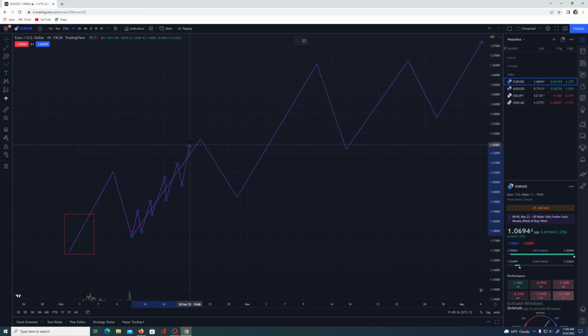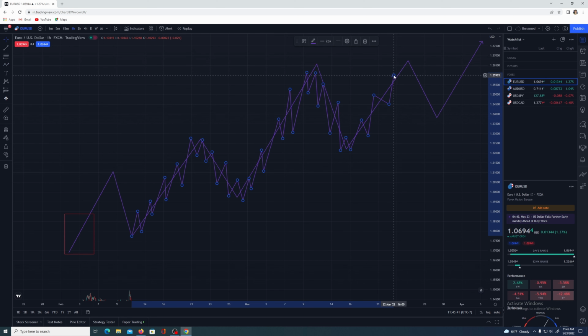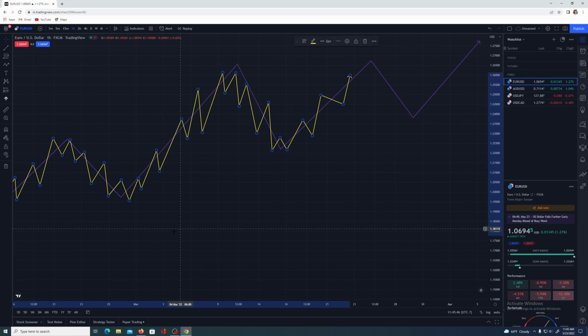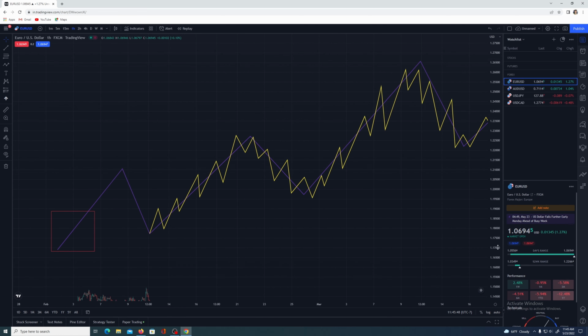That is going to be bullish, which then is going to break structure and turn bearish, and then that's going to break structure and turn bullish, which then will turn bearish, and so on, and then break structure to the upside again. So this is the idea of fractality.